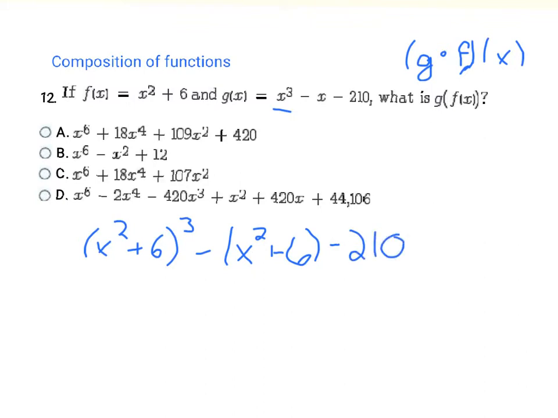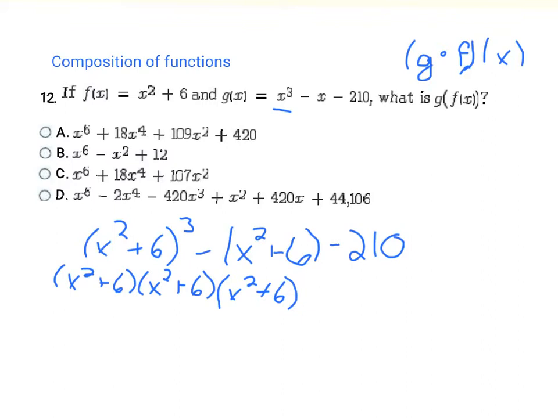And so now I just have to simplify this down. Remember, you can't just cube the x squared and cube the 6 because this is addition here instead of multiplication. If it was multiplication, you could do that, but because it's addition, this is actually x squared plus 6 times x squared plus 6 times x squared plus 6.